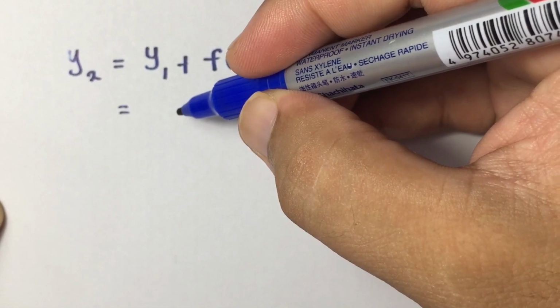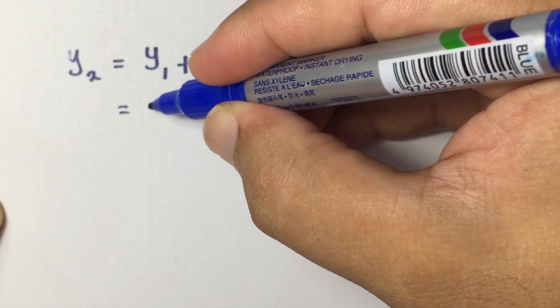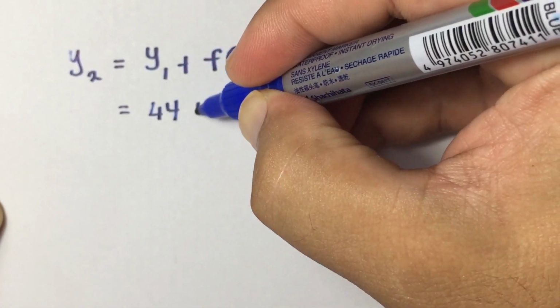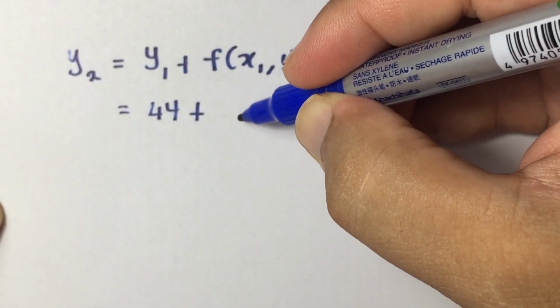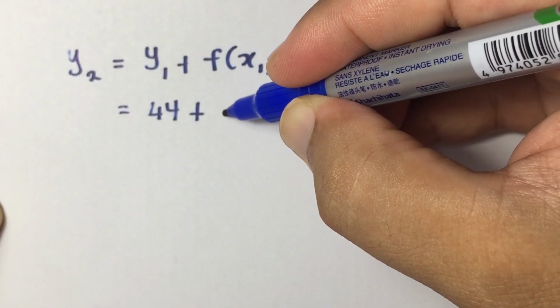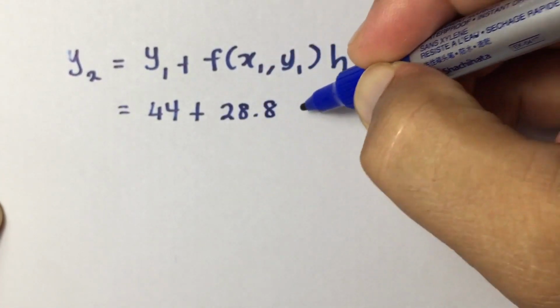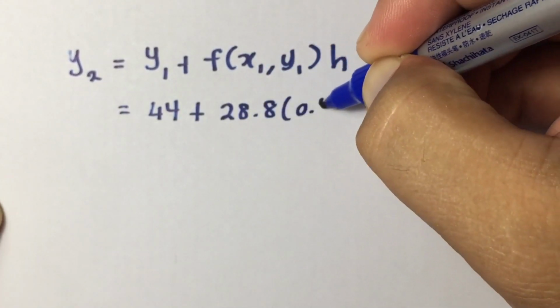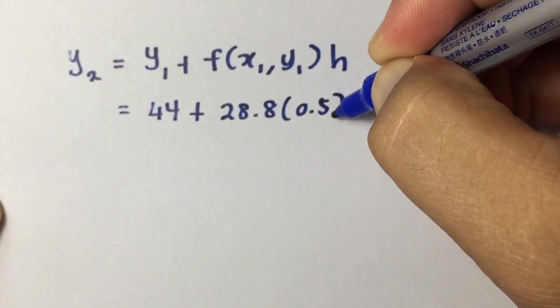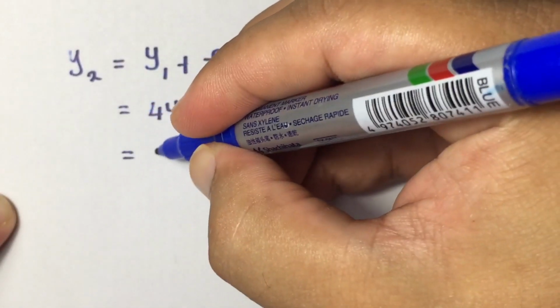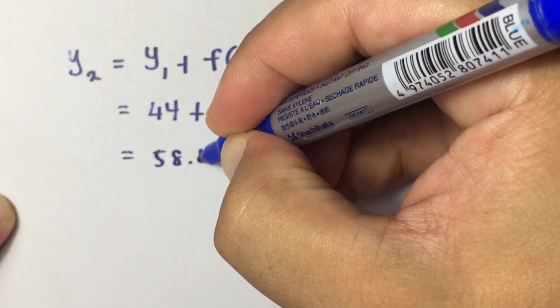So let's substitute the values: y_1 is 44 plus f(x_1, y_1), which we just calculated and inserted into the table as 28.8, times 0.5, and the value is 58.4.